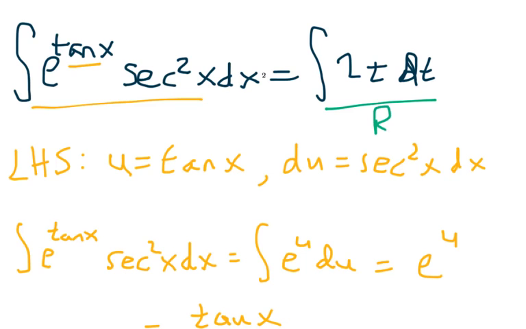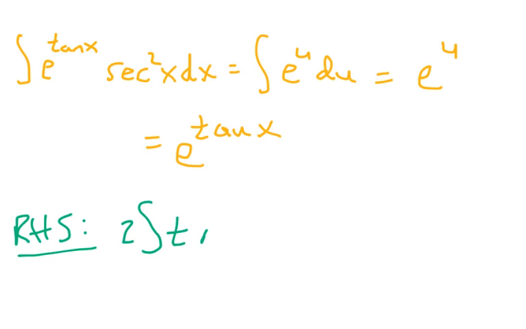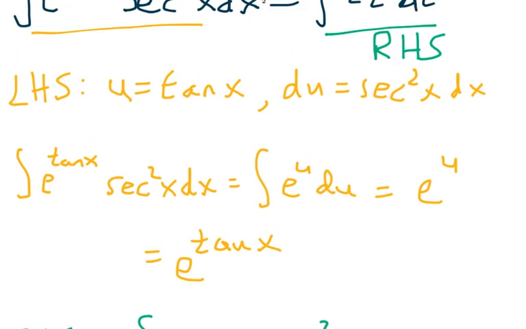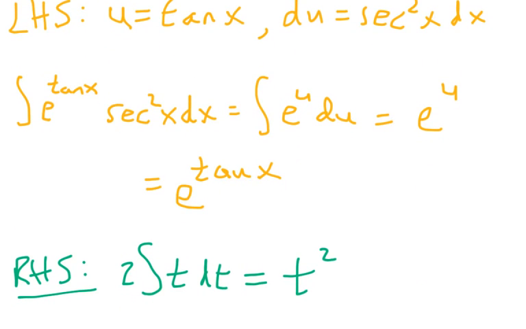Now let's look at our right-hand side. Well, our right-hand side is going to be pretty easy, right? We just have 2t dt, which is just going to be t squared. Now that we have left-hand side and right-hand side, we can set these two equal.